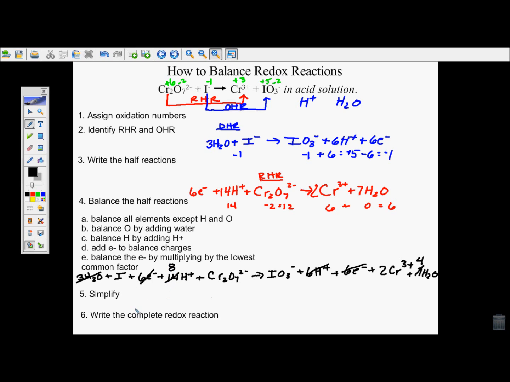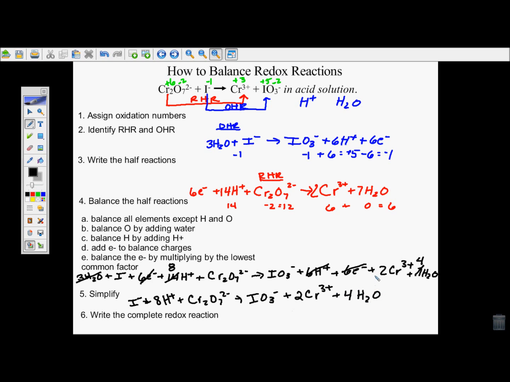And your final complete redox reaction is going to be I minus plus 8 hydrogen ions plus dichromate complete with its charge yields iodine trioxide complete with its charge plus 2 chromium ions with their charge plus 4 waters.